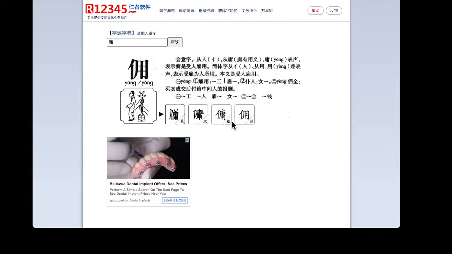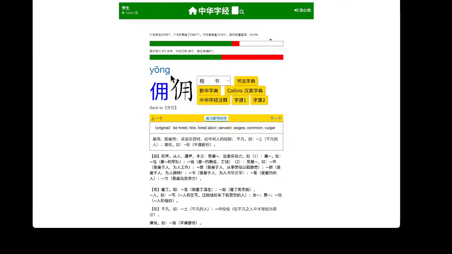Okay, so this is a system in the ancient Chinese government setup. So the type of system they refer to as yong is just the right hand side, the traditional side of the character. Okay, so they call it yong, and so that's why they use this one to build a character like this to refer to hired labor. Okay, servant, hired labor.